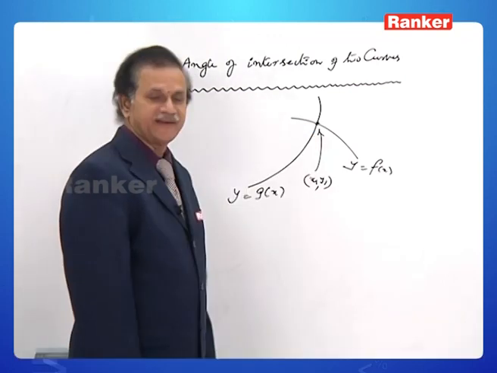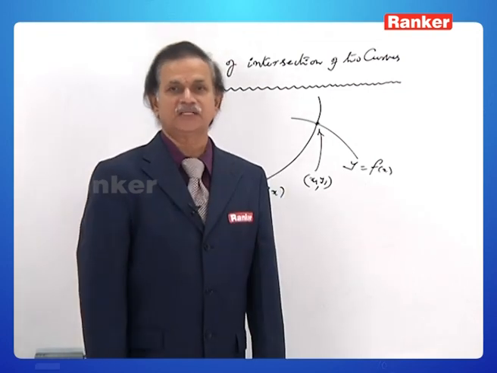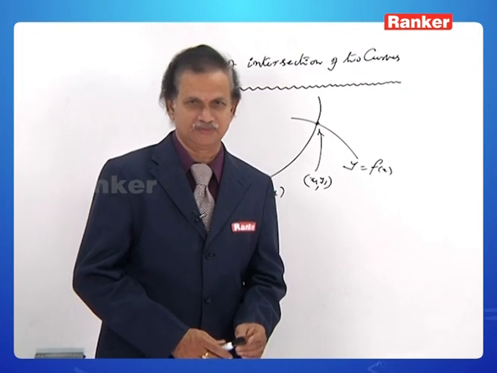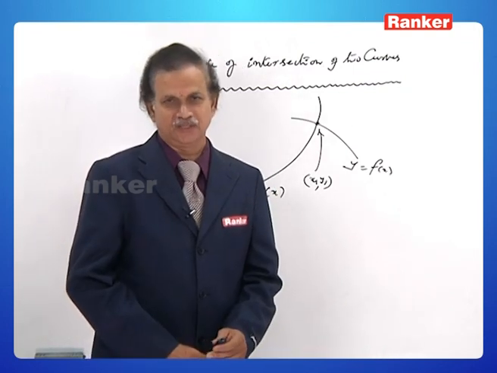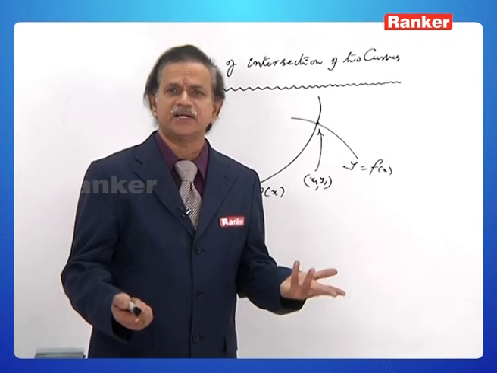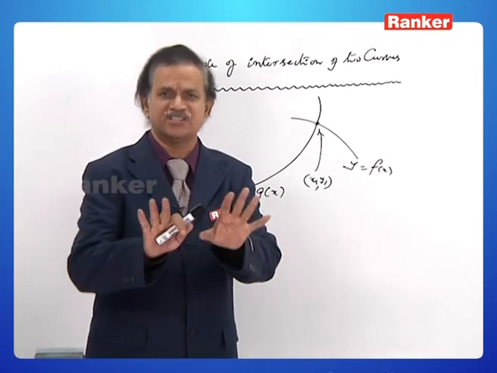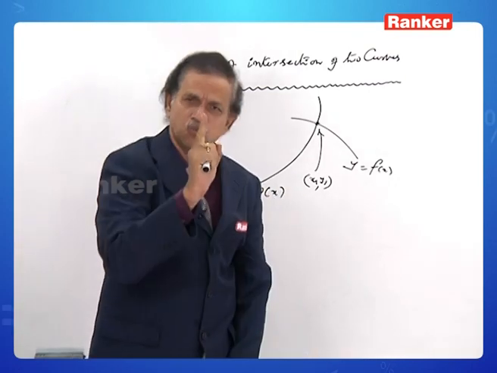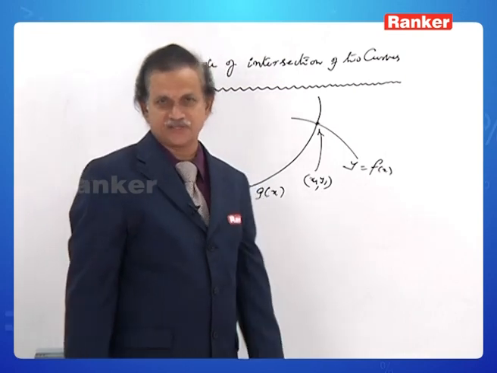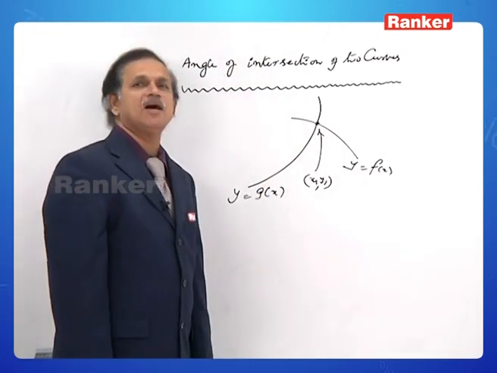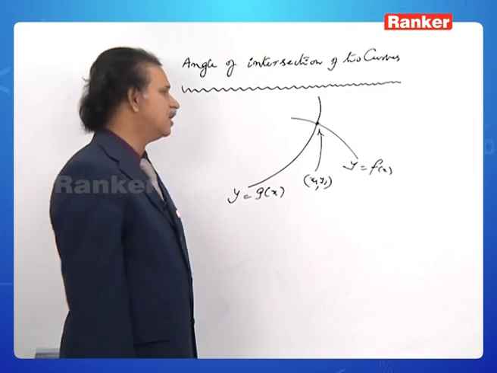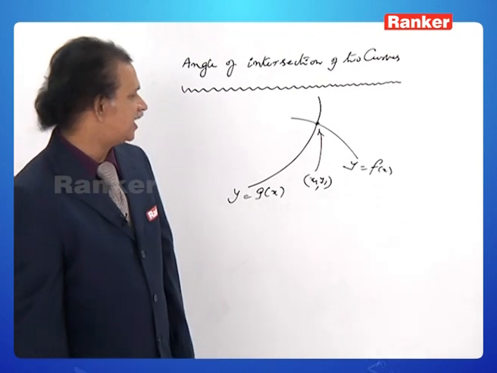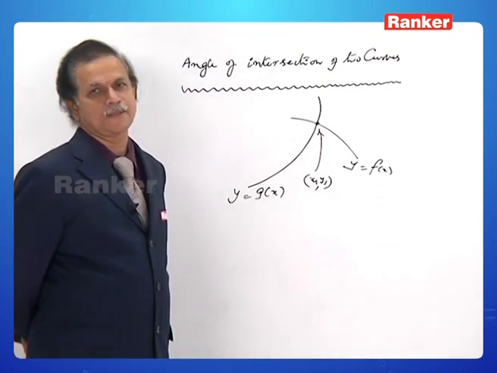These are meeting at a point x1, y1. That is, x1, y1 is one of the points of intersection of the two curves. Two curves may intersect at more than one point, but we do not bother about that. Let us consider one such point of intersection.